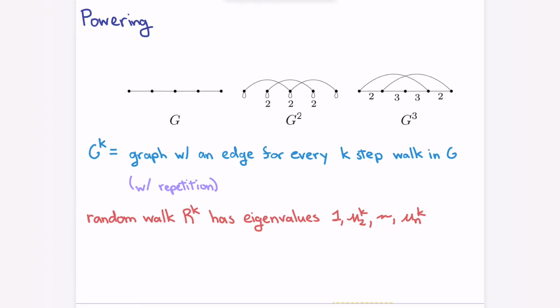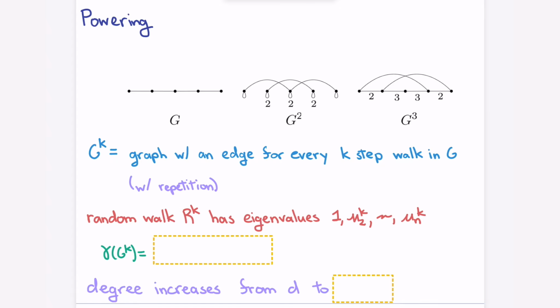They're just raised to the kth power. So what happens to the spectral gap? It's going to get bigger, something like 1 minus the spectral gap, to the k, because of this 1 minus nonsense.